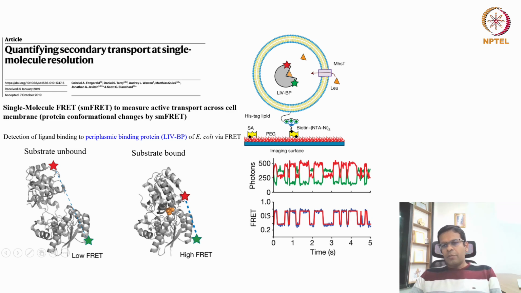So you can measure the FRET and appreciate the time scale: within a few seconds, this protein goes on and off many times. Biological processes are so fast that to reveal the dynamics you need methods that are fast and can quantify this kind of fast protein conformational change. So single molecule FRET is specifically used to study protein conformational dynamics.